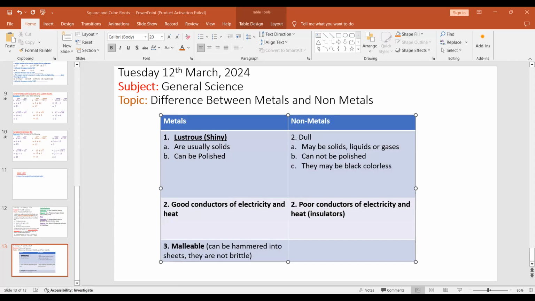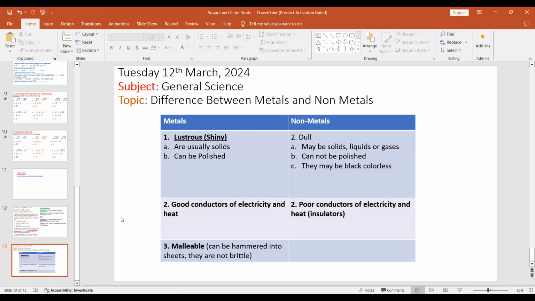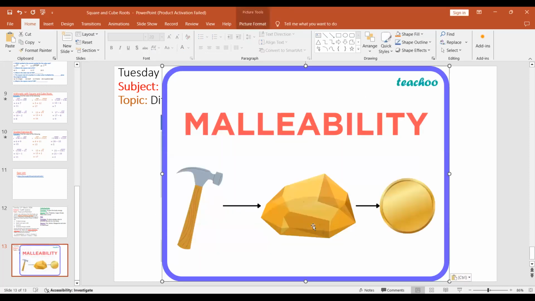If you look at this metal, this is probably a good example of what we mean by malleable. We could adjust it so that it forms a coin, and it's still a nice gold coin. It's malleable.